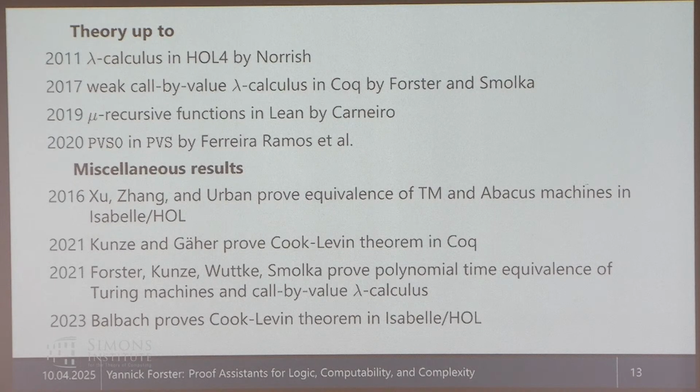In 2017, that was actually my bachelor's thesis from ages ago, we published in this paper with my supervisor back then, Gert Smolka, we have lambda calculus working in Coq. Mario Carneiro has a development on recursive functions in Lean. A group of people in Brazil has a development of formalizing something called PVS0, which you can see as a model of computation in PVS and doing computability theory.